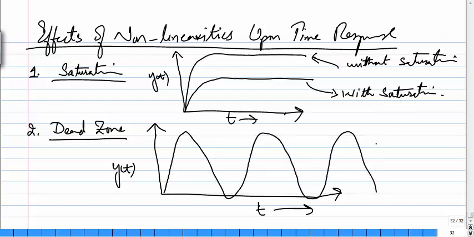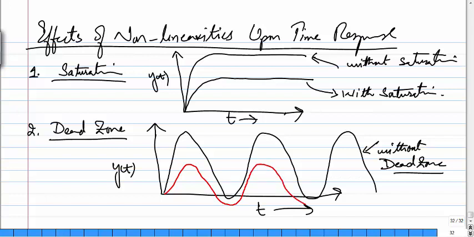Now if I plot with dead zone, we start here and then move in this direction like this. Red is with dead zone.